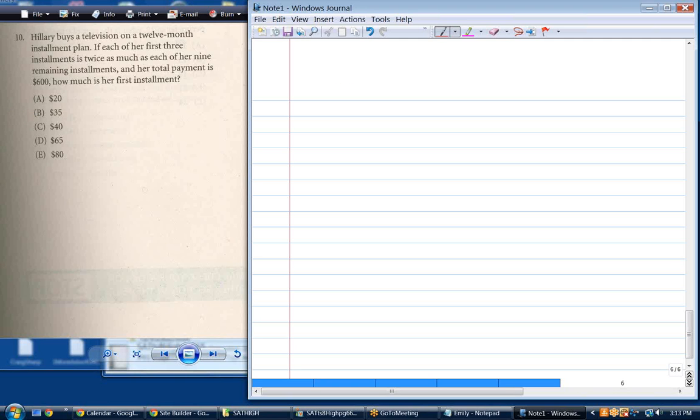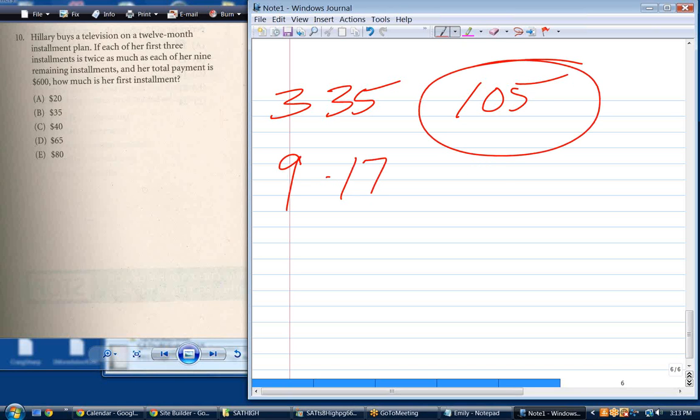Let's say we tested 35. Well, 3 of those is 105, and the rest would be 9 times 17. That does not add to 600. We know we need a bigger number.